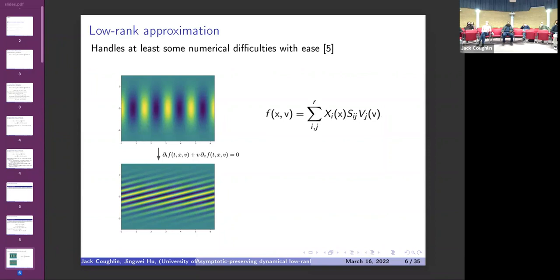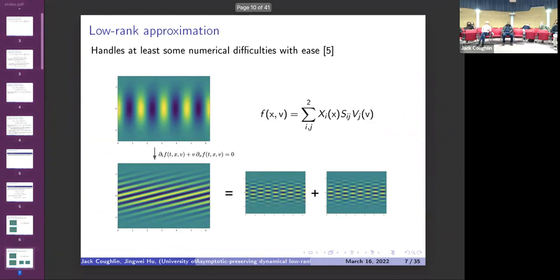And so if you're applying some classical discretization to this, let's say it's spectral in velocity, this is really bad news for you. The Sobolev norm in the velocity direction is increasing exponentially. This is a difficulty that's well known about kinetic equations in general. But we have this nice coincidence that, at least for this very carefully chosen initial condition and equation, you can represent it as the sum of two functions which are exactly separable in x and v.